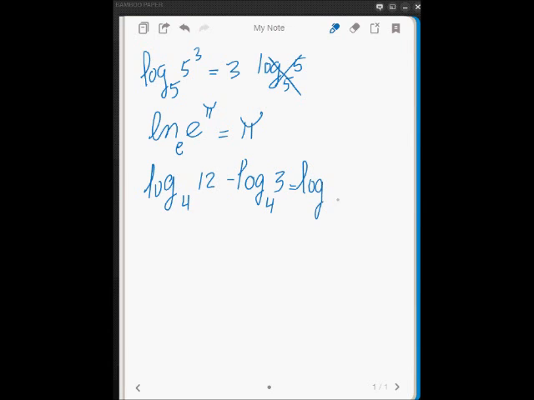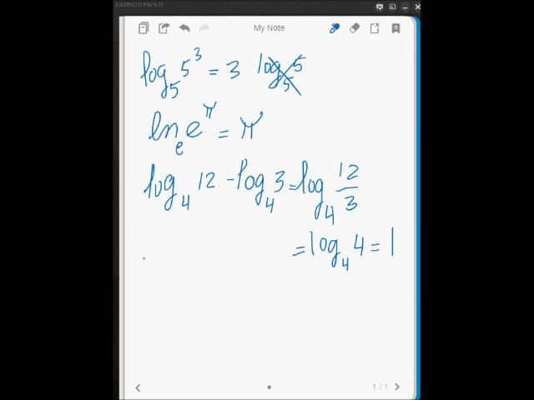So Josh said that this is the log base 4 of 12 divided by 3. Okay, what is 12 divided by 3? 4. And log 4 of 4 is worth? 1. So you can solve it.